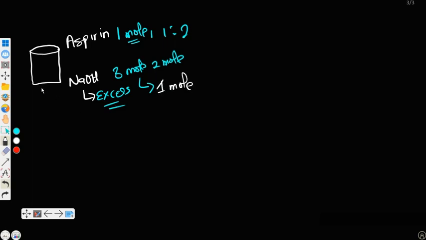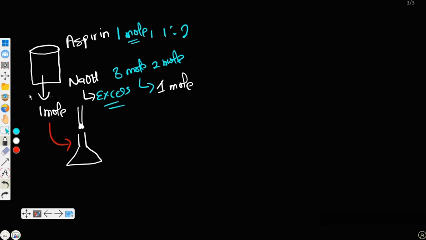Now that 1 mole of sodium hydroxide that is in excess, you are going to transfer it to another conical flask. Are you getting it? And then you are going to titrate this one. So at the end of the day, when you titrate this, you will know the amount that is actually present here.